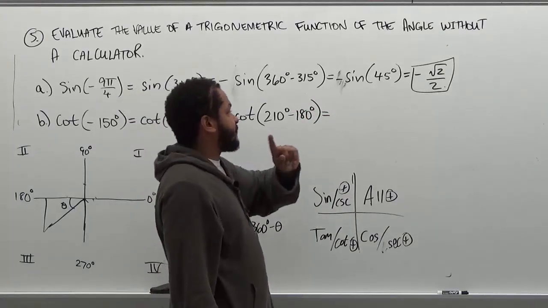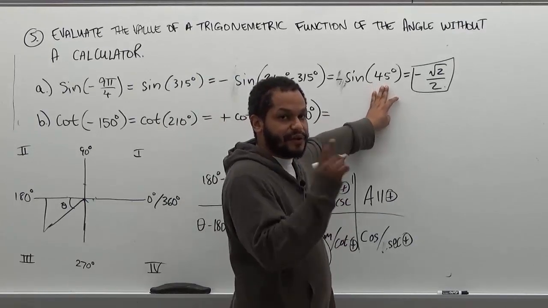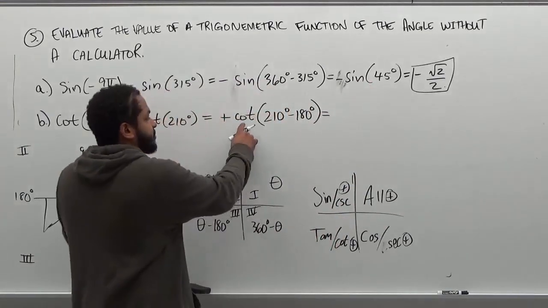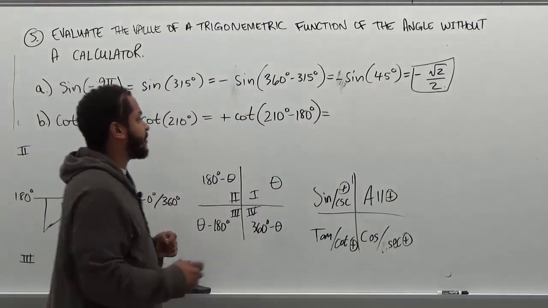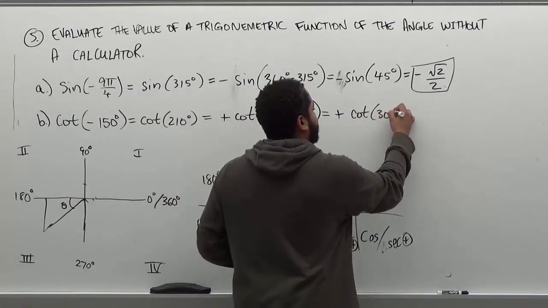And also, just for a note, if you're doing this with a calculator, this works with a calculator. Sine of 45 degrees, you set your calculator to 45 degrees, this solves it. The problem with cotangent is, cotangent is not on your calculator, but we do know this is positive, and we have the cotangent of 30 degrees.